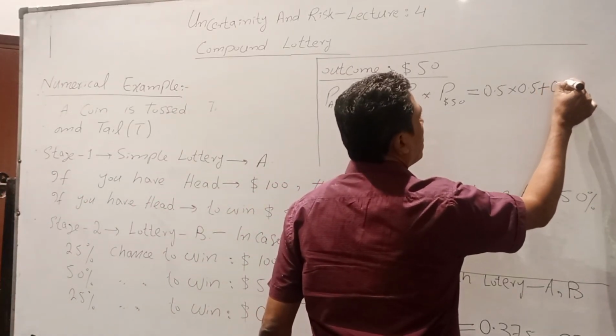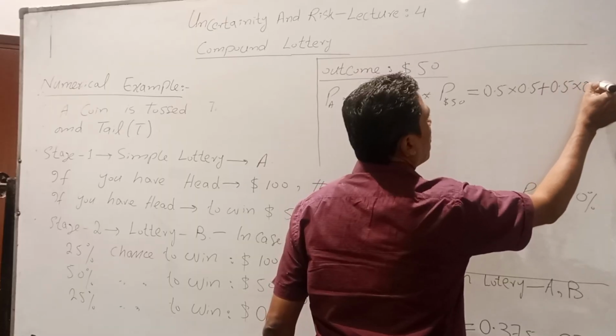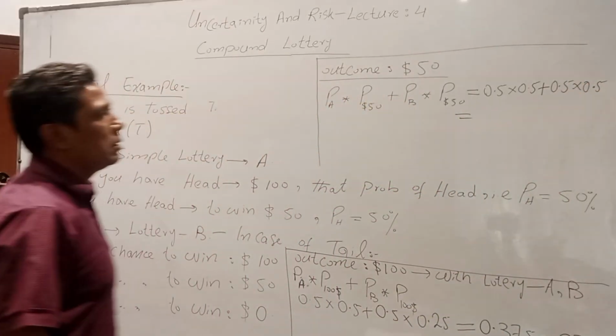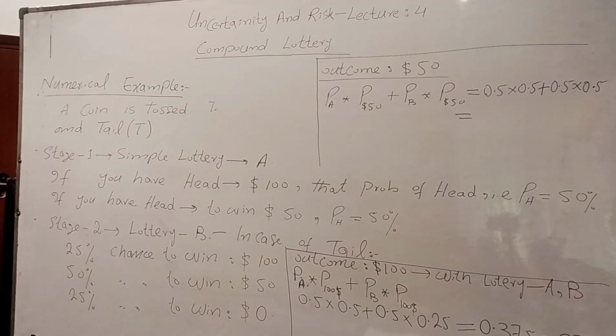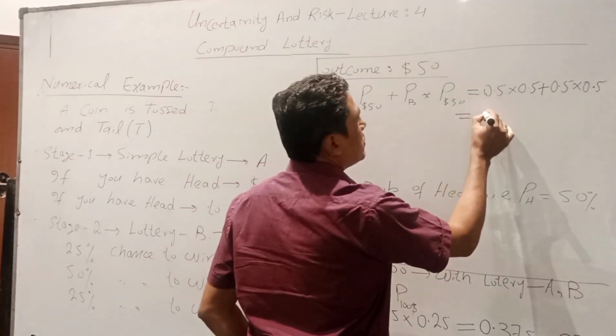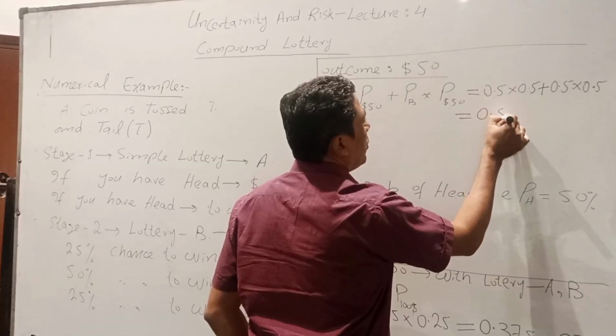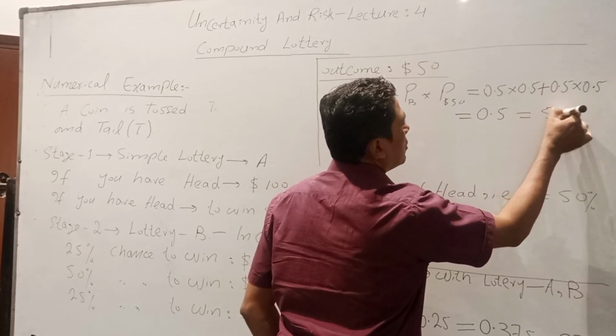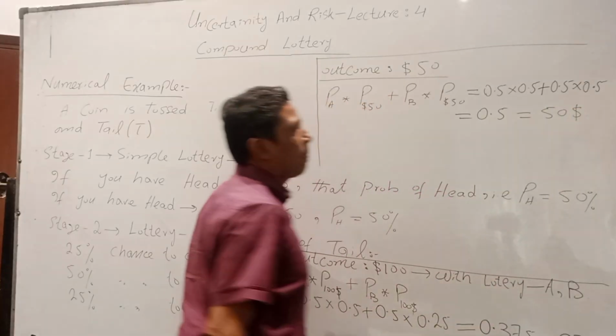So 0.5 multiplied by 0.5. So what is the net answer? 0.5.